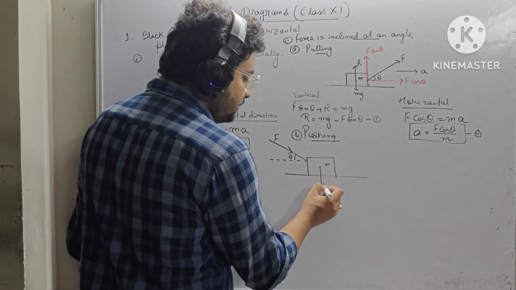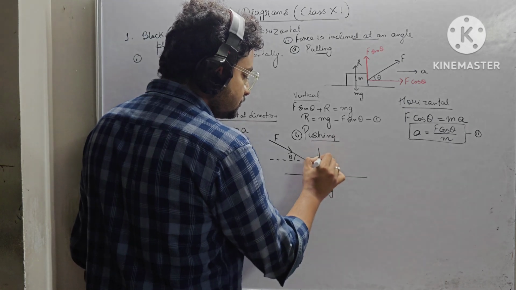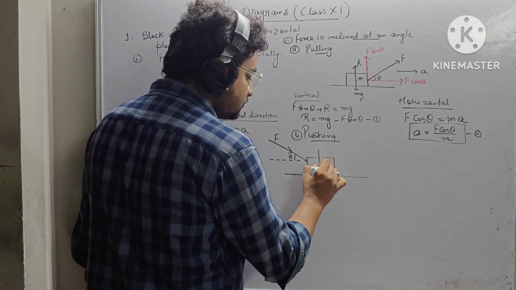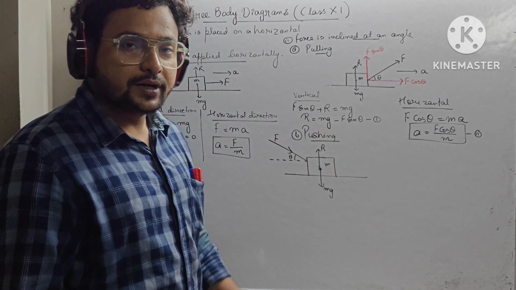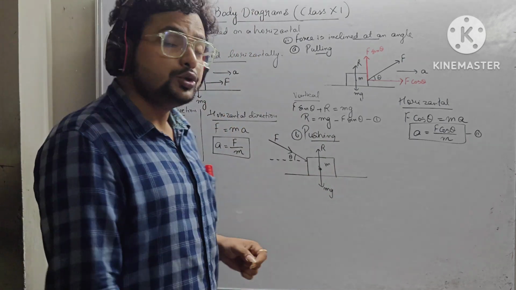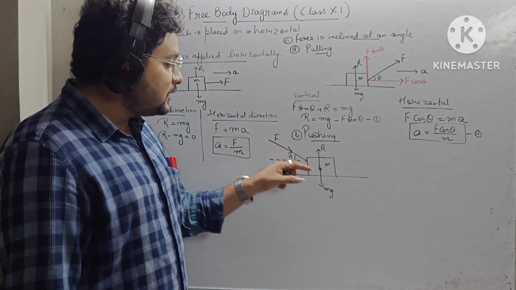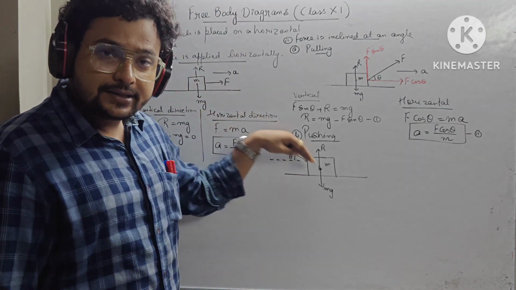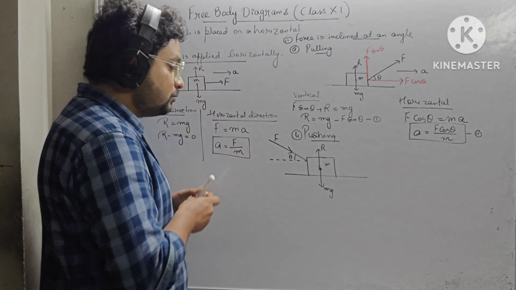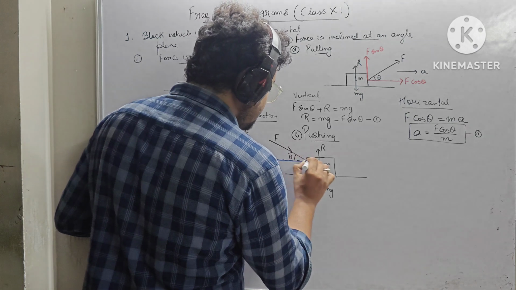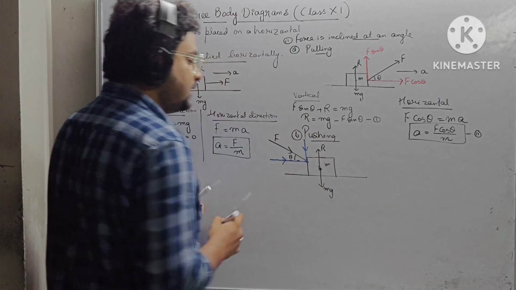So this will be mg, and this will be R. Now those who know vectors know that if the force is directed in this direction, then there are two components of the force: one component acting in this direction, another component acting in this direction.